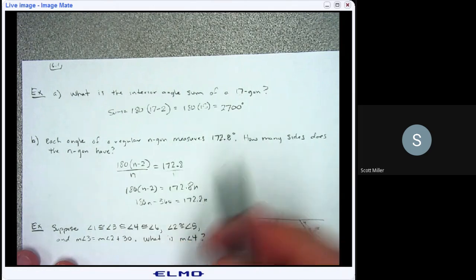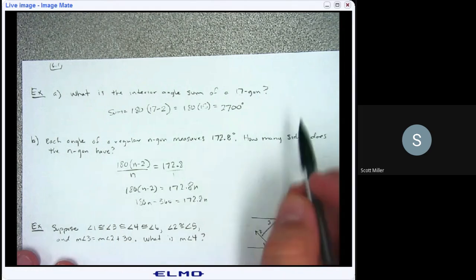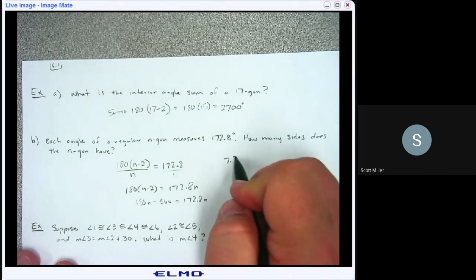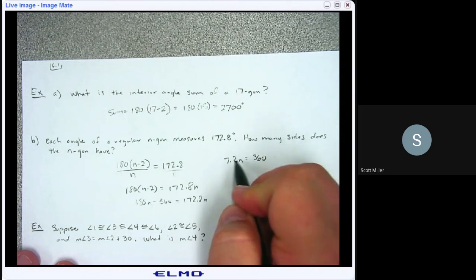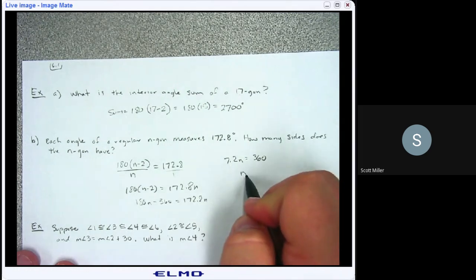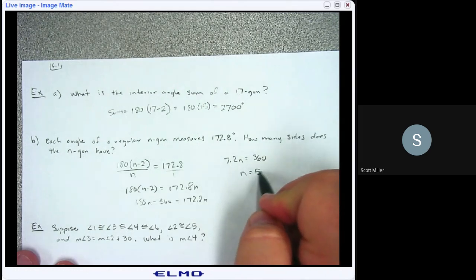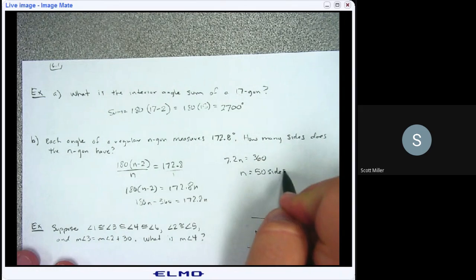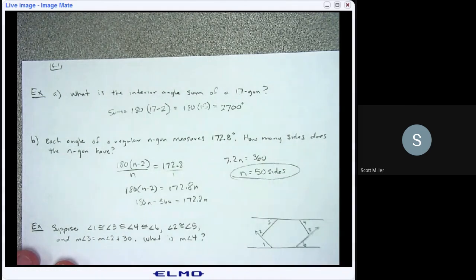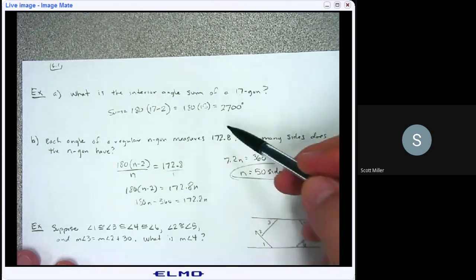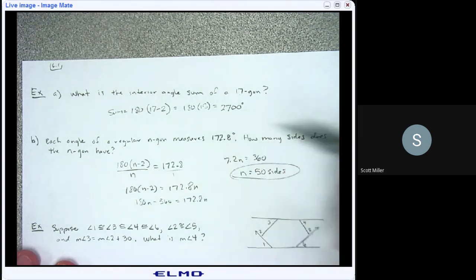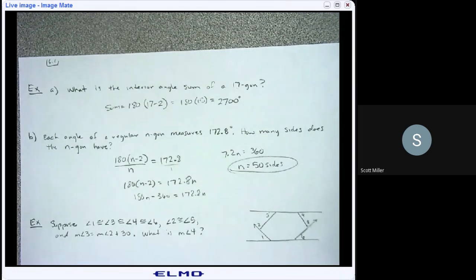Then start solving this out, bringing this over here, bring that over there, and you end up with 7.2n is 360. Then I can divide by 7.2, and I'm going to get 50 sides. So a 50-sided regular polygon will have that measurement as an interior angle.